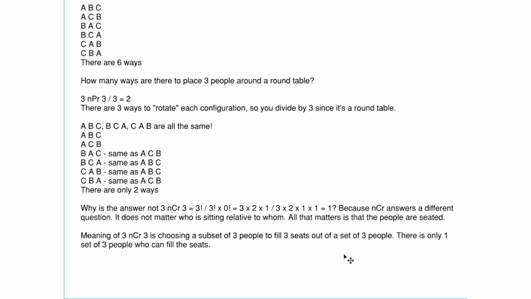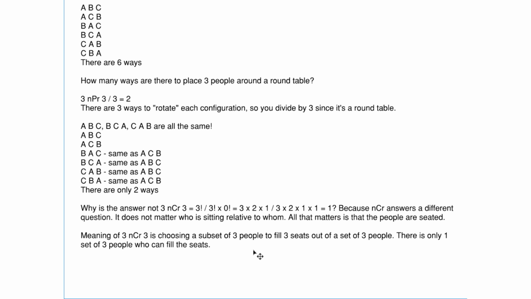Now let's think about what question nCr is trying to answer. In this consideration, it does not matter who is sitting relative to whom. All that matters is that the people are seated. So the meaning of 3 nCr 3 is you are choosing a subset of 3 people to fill 3 seats out of a set of 3 people.